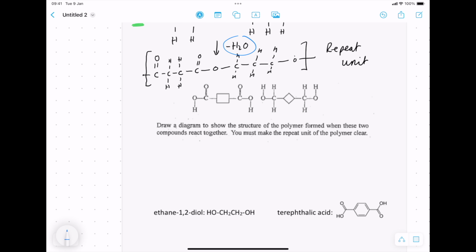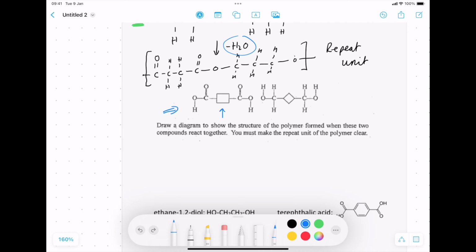So we have this picture here, and you're probably looking and thinking, or maybe you've seen these in past paper questions already, what is this rectangle here, and what is this diamond shape there? Why is that there? What that is, it's very common in exam papers. Sometimes they put it in, sometimes they don't, across all the different exam boards, whether you're in the UK or the US. And it's just a lazy way of writing the middle of the molecule.